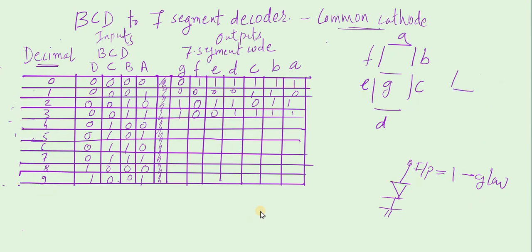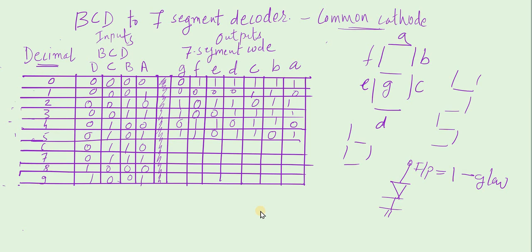For example, when 4 is there, we can see that A, G and D are off. So A, G and D are off, all others are on. Then 5: B and E are off, all others are on. 6 may be displayed like this.